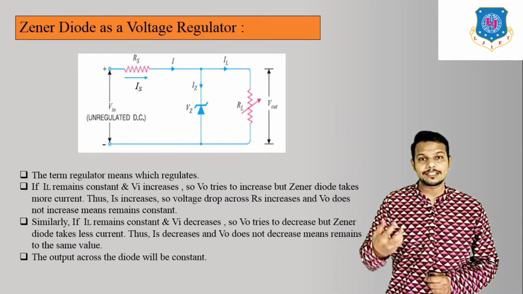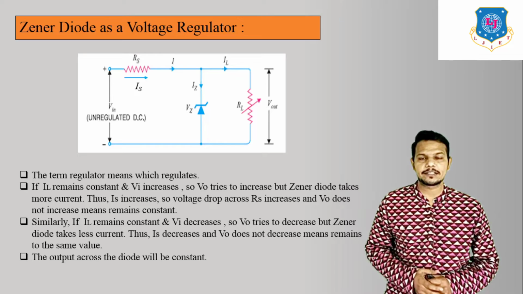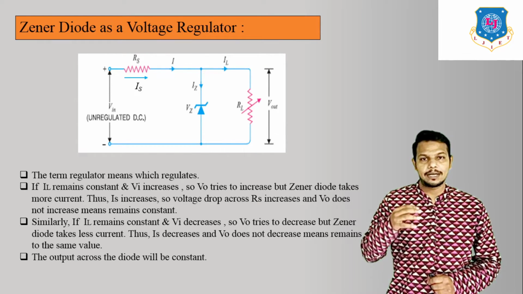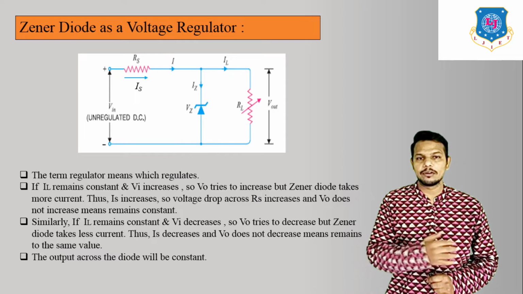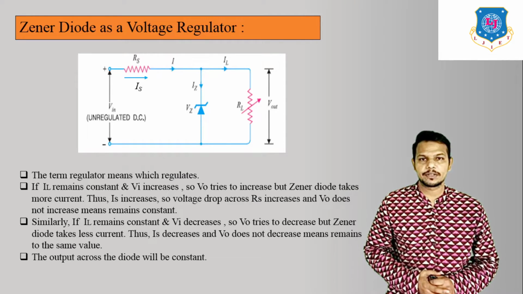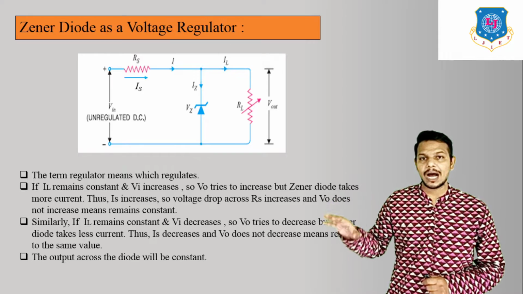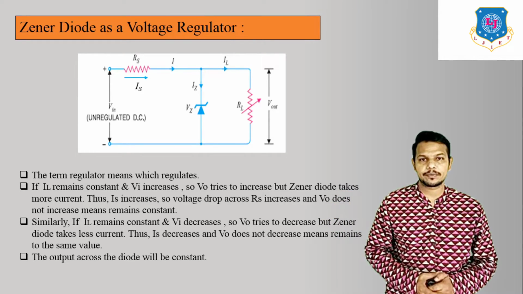The voltage drop is reduced, so VO does not decrease; it remains the same. Like this, it regulates the voltage, and the output across the diode will be constant. So here is the explanation of how the Zener diode works as a voltage regulator.